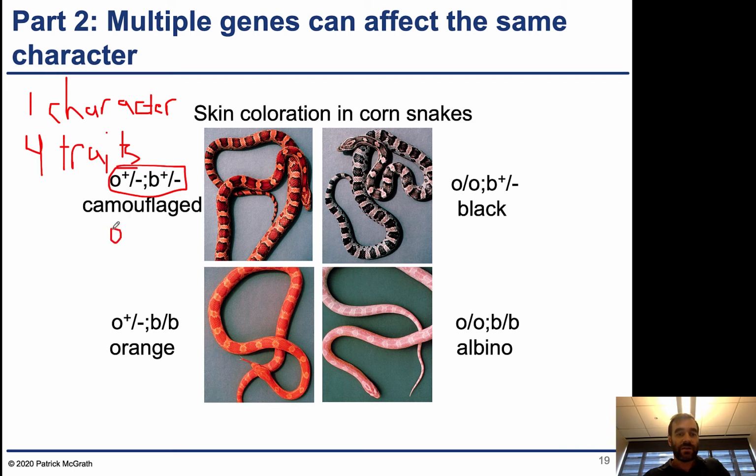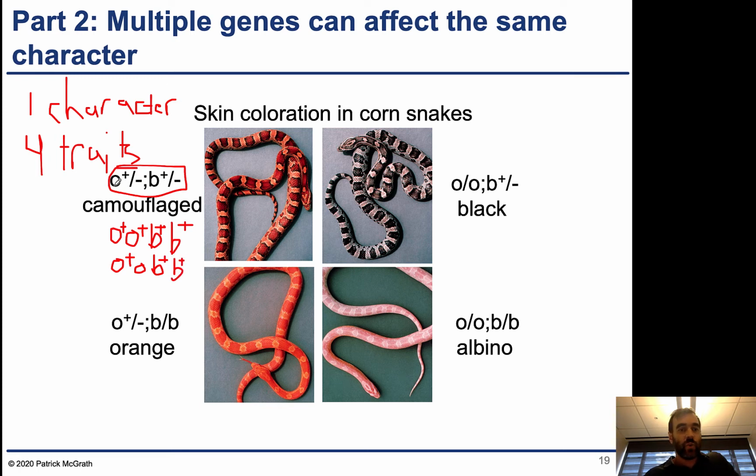What this means is that the following are the same. So this genotype is the same as this genotype.